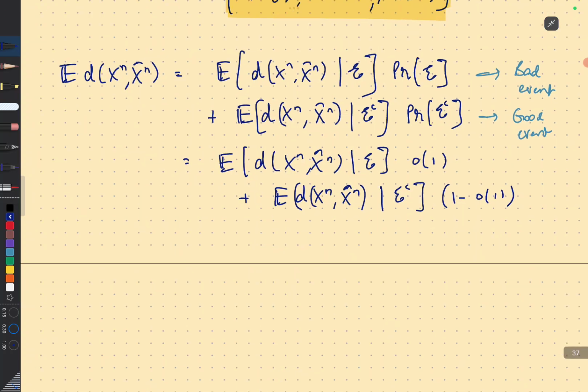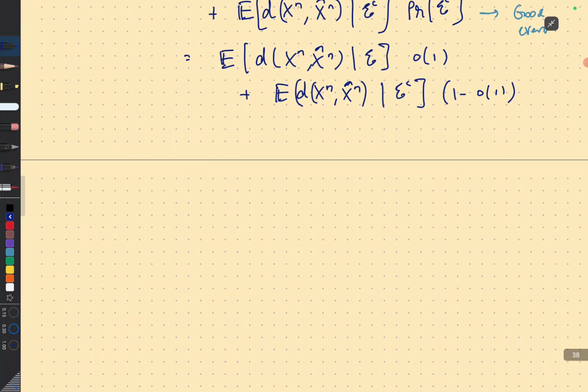All right. So let's see what happens in the bad event. In the bad event, we can't say anything about the distortion. It could be large because we don't know how the source or the code word sequences look like. So in this case, we'll use a very loose bound.